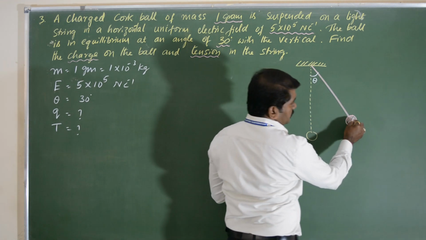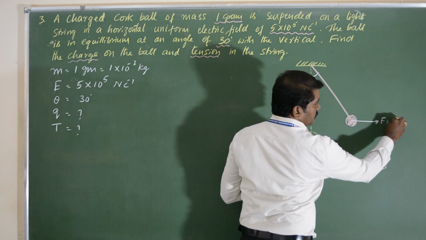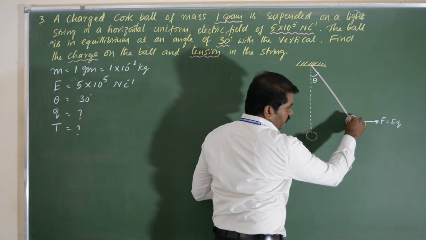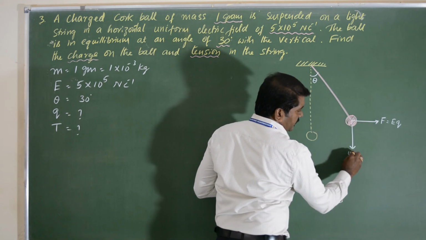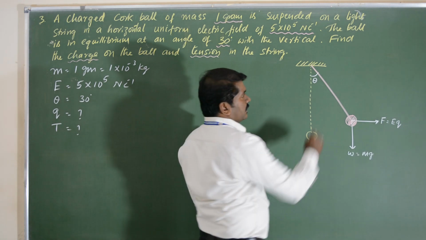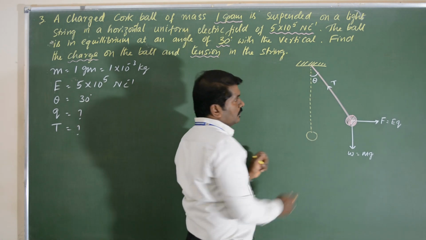As we know, the electric field will be along this direction, therefore F must be equal to E into Q. The weight of the body will be in the downward direction. I will take it as W is equal to mg. And the tension will be along the string, that is T.